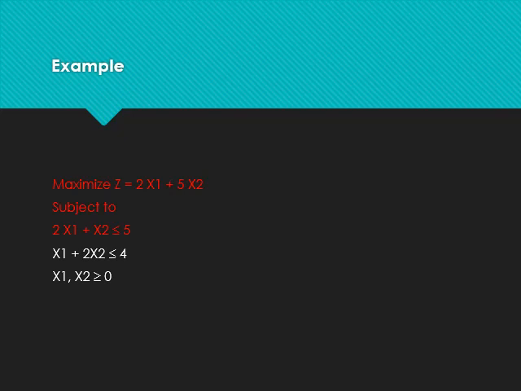So this LPP consists of 3 components: objective function, constraints, and non-negativity condition. Also it deals with 2 decision variables x1, x2 and 2 phases of manufacturing.